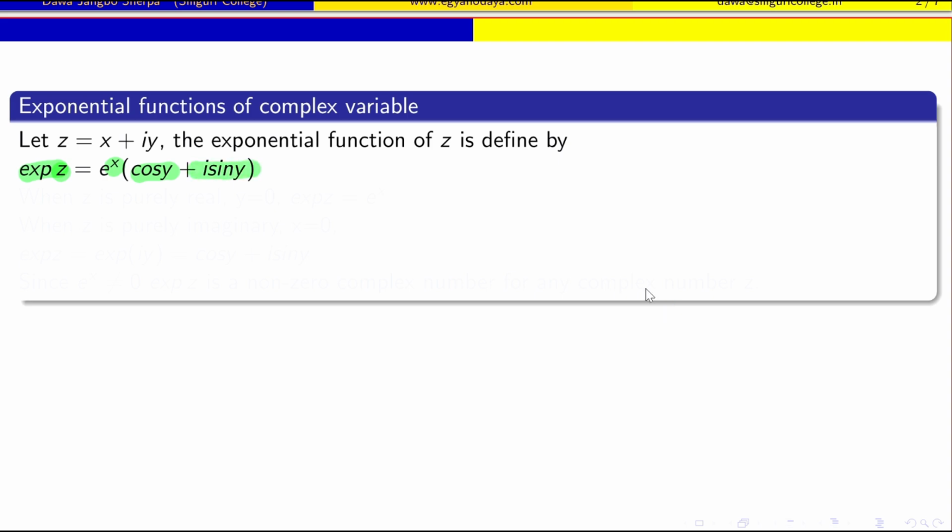Now, if the complex number z equal to x plus iy is purely real, in this case y will be equal to 0. That means z is equal to x. In that case, the exponential function exp z will be e to the power x times cos 0 plus i sin 0.